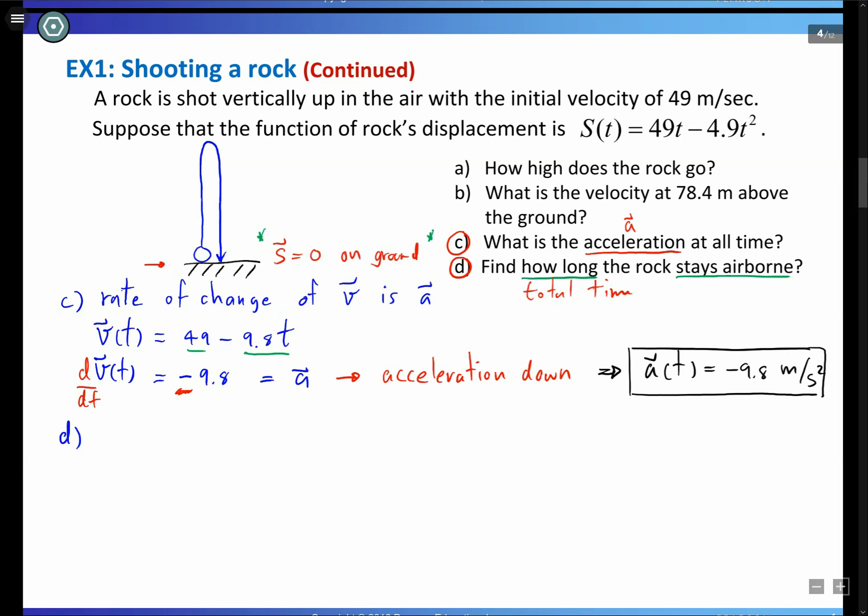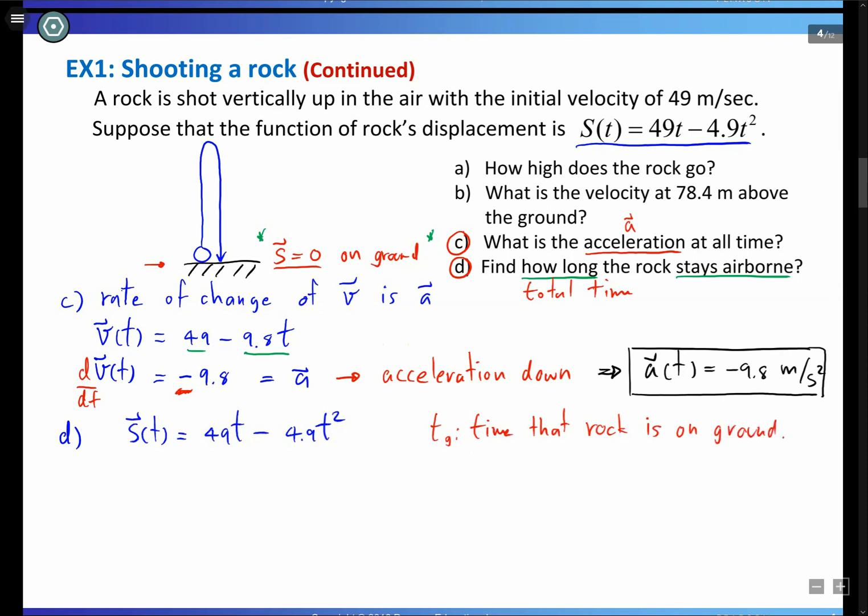And as you can see here, the information that we have is displacement. So we are going to make use of this displacement function up here for part D. So let's start with that. S of t equal to 49t minus 4.9 t squared. And now let's assume Tg to be the time that the rock is on the ground. So let's set Tg right here to be the time that rock is on ground.